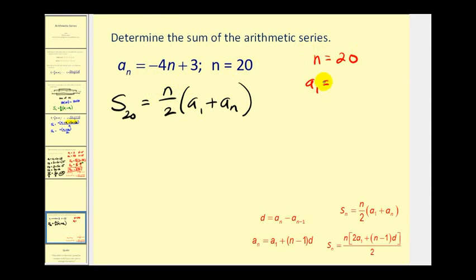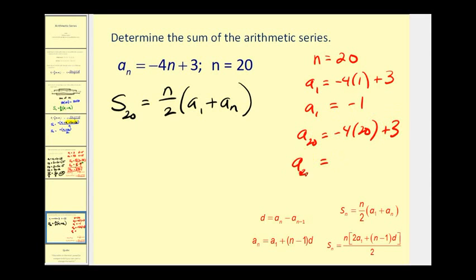A sub 1 is equal to negative 4 times 1 plus 3. So a sub 1 equals negative 4 plus 3, that's negative 1. We also need a sub n, which means we need a sub 20. So we'll have negative 4 times 20 plus 3. That'll be negative 80 plus 3, that's negative 77.